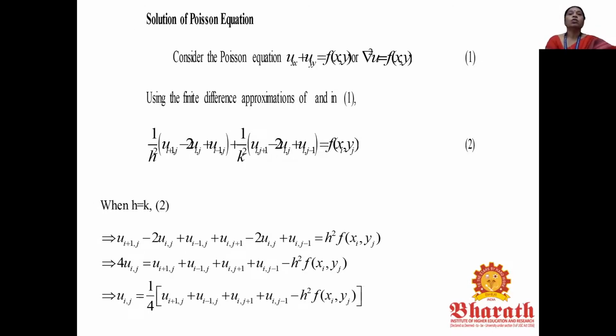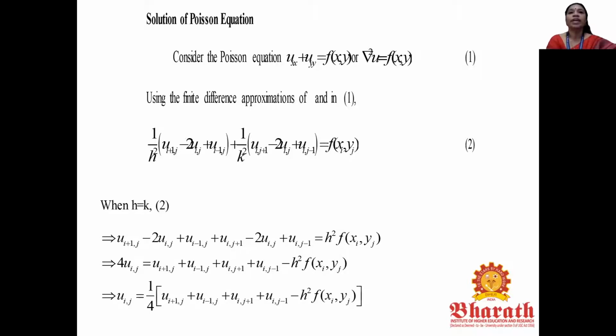So next is the solution of the Poisson equation. Consider the Poisson equation u double x plus u double y is equal to f of x comma y. This u double x plus u double y can also be written as del square of u, that is a function of x comma y.